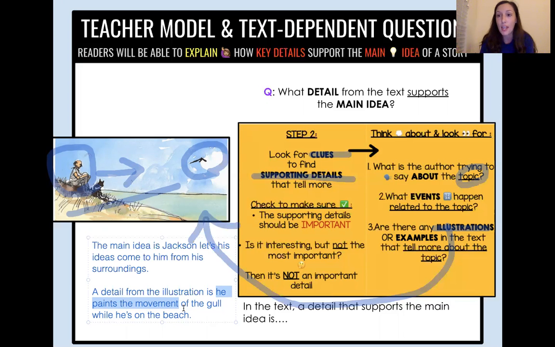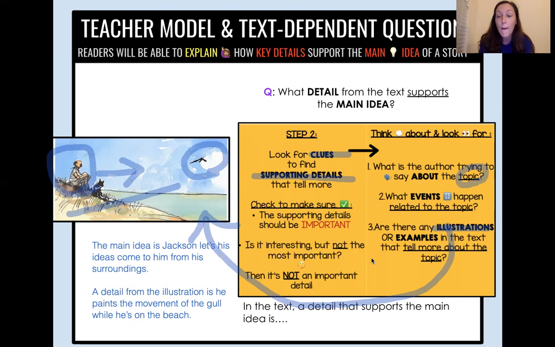Thinking about the topic and thinking just of this supporting detail, that helps us determine the main idea, which is Jackson lets his ideas come to him from his surroundings. Again, this was something that was hard to figure out because nowhere in the text did it say, this is the main idea and this is why it's important. No, good readers use their inference skills.